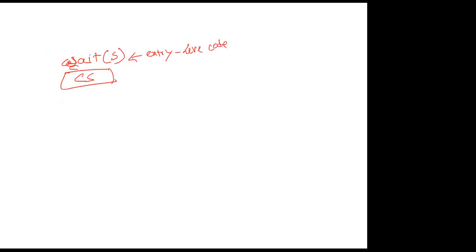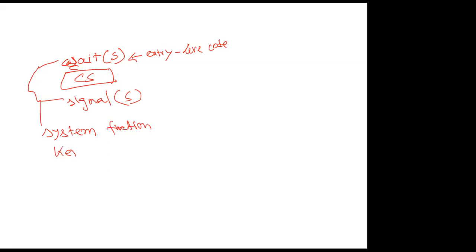And what is the exit level code? Exit level code is the signal. Both wait and signal are system functions, or kernel functions.